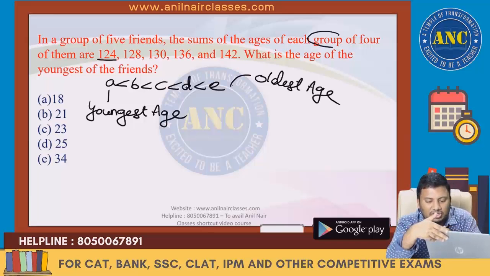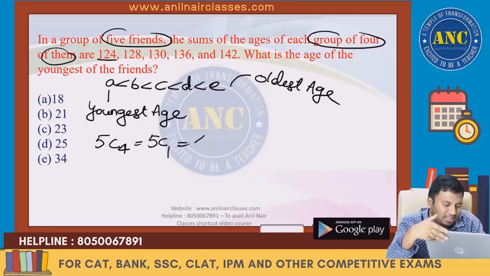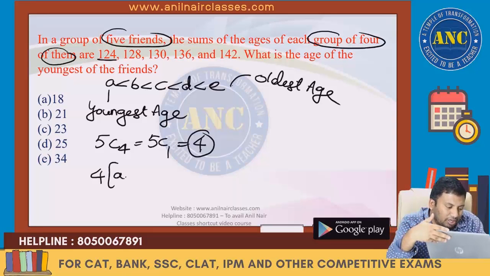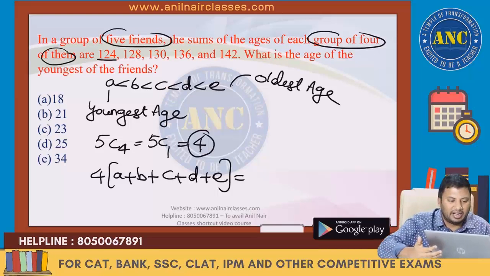There are groups of 4 of them. Total 5 friends are there. Out of 5, if I select 4, 5C4 is nothing but 5 cases I will get. 4 cases means A with B, A with C, A with D, A with E. A is added 4 times, B is added 4 times, C is added 4 times, D is added 4 times, E is added 4 times.